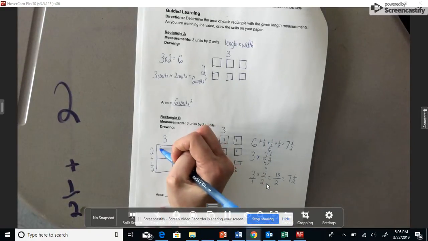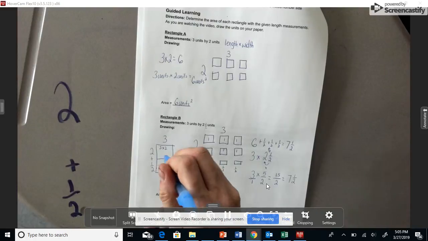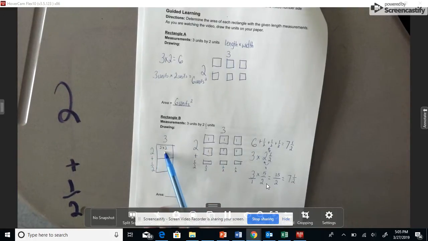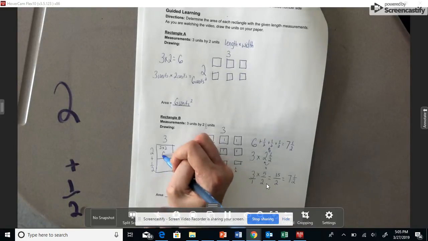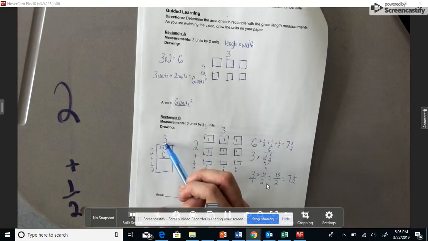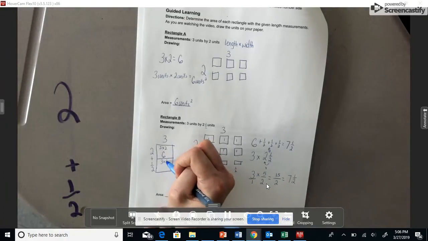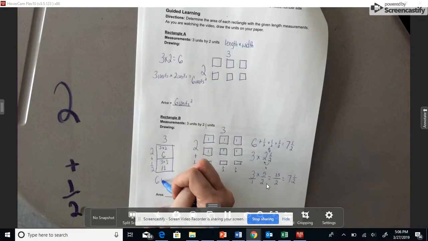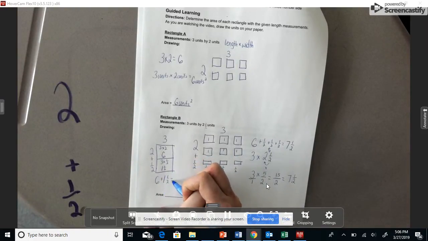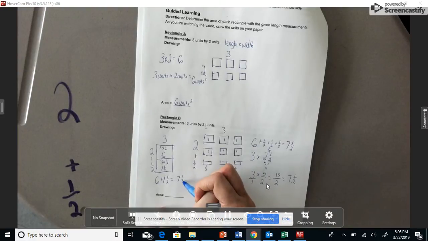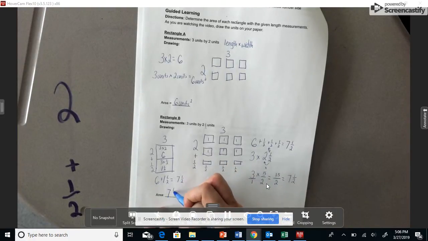Here we have 3 times 2, because if we're in the rectangle, we go up 3, to the left 2, and 3 times 2 is 6. Here we go up to 3, multiply it by the half. 3 times 1/2 is 1.5. And when we add that together, we get 7 and 1/2. So our answer is 7.5 units squared.